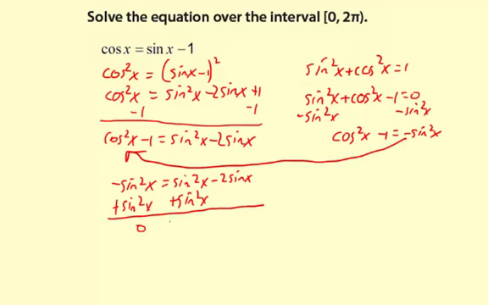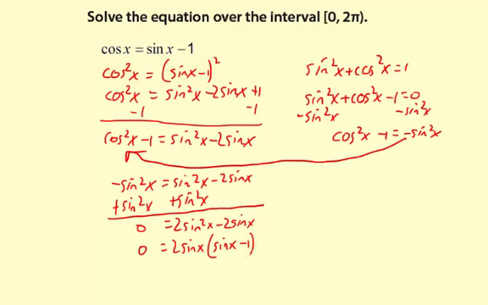So we're going to get 0 here, 2 sine squared of x here, minus 2 sine of x. Okay, now we'll factor. Take out a 2 sine of x from both sides. Leaves a sine of x minus 1.